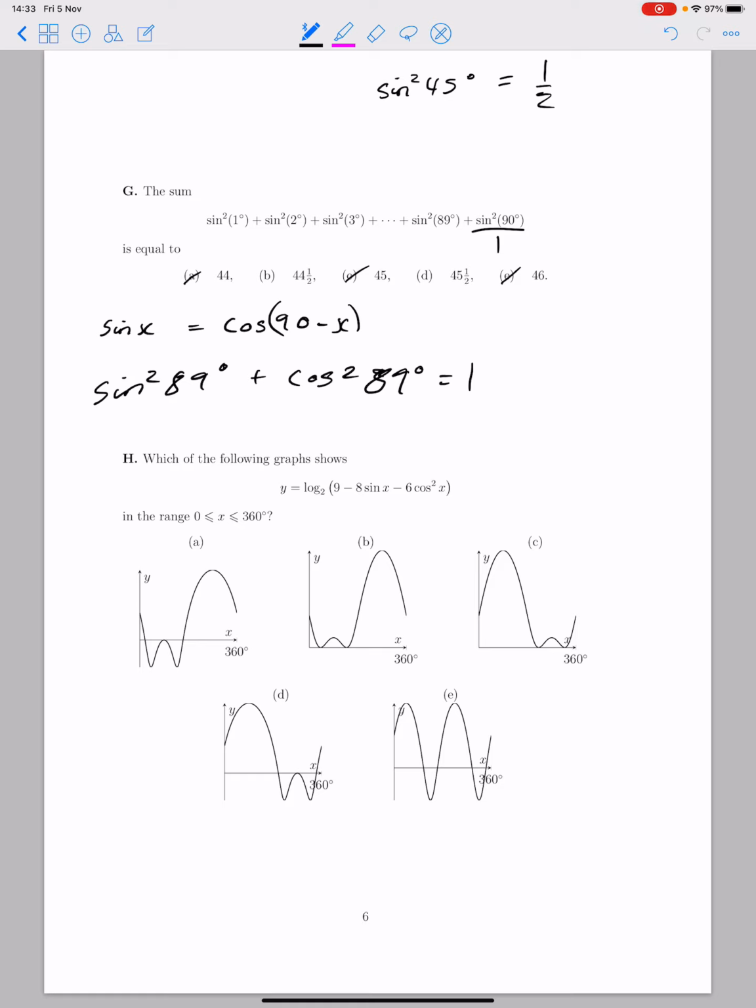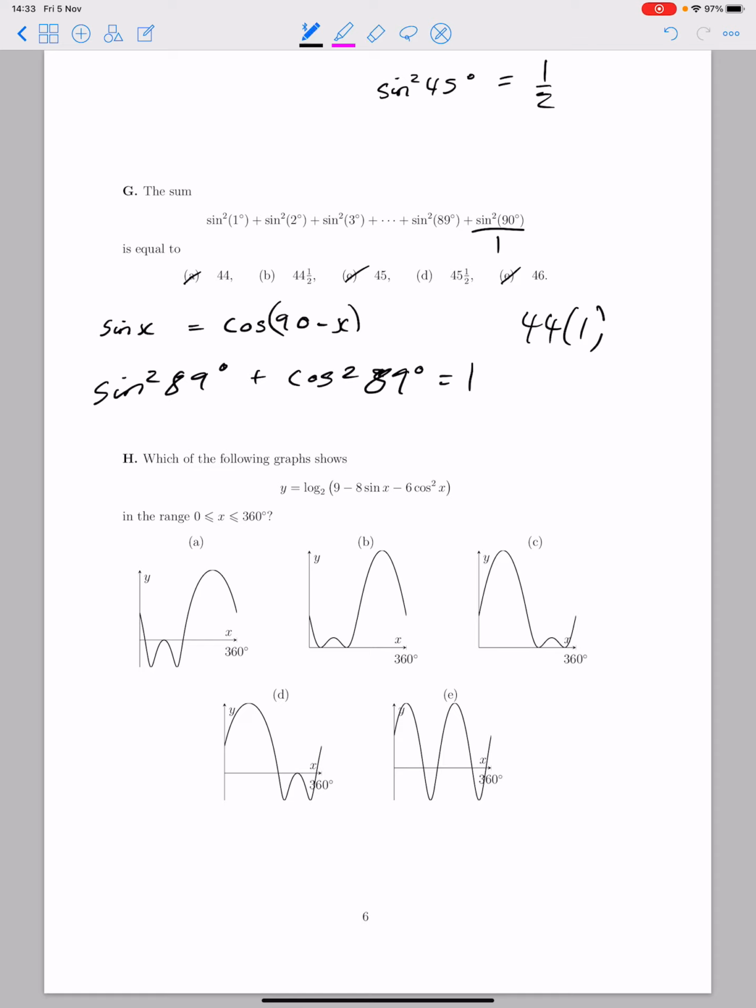This will happen if you divide 90 by 2, because we've got 90 terms, you get 45. And if we take away one pair, because we've got the 45 and the 90, that's going to be 44 pairs of just 1, because we worked that out here.